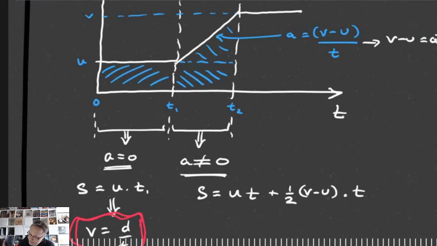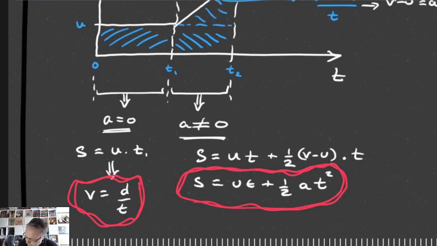So instead of writing v minus u here, I can replace it with at. So this is ut plus half a t multiplied by t is t squared. That is another one of the equations of motion. I could call it the second equation of motion, but the equations of motion don't have specific numbers.